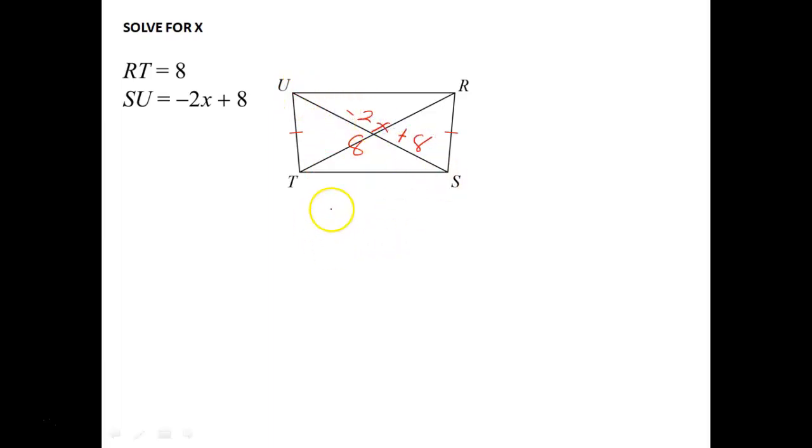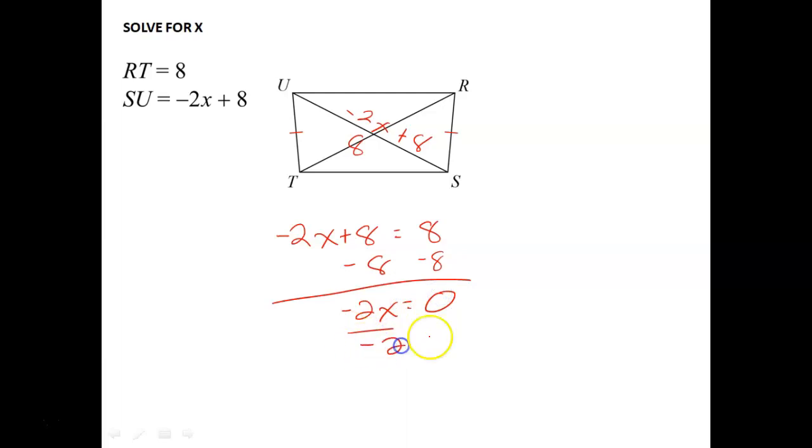They're congruent. So you just set them equal. Negative 2x plus 8 equals 8. When I subtract 8 from both sides, I get negative 2x equals 0. Divide both sides by negative 2. X equals 0. And that's it.